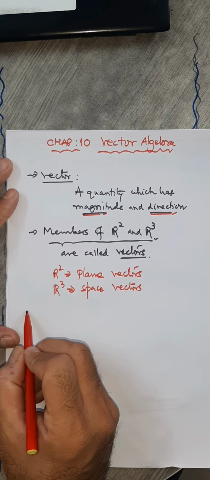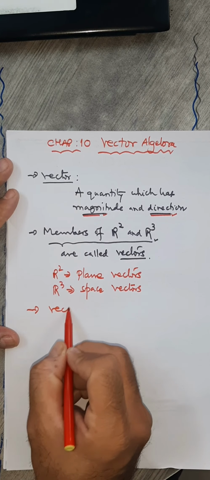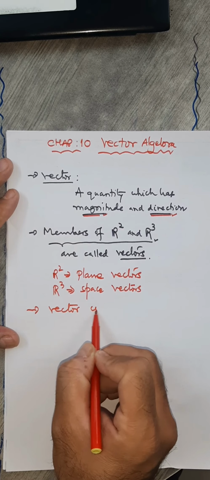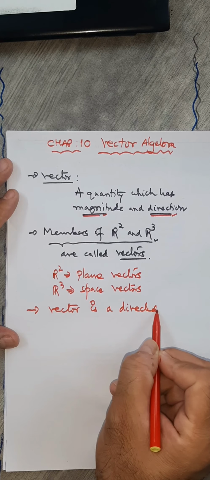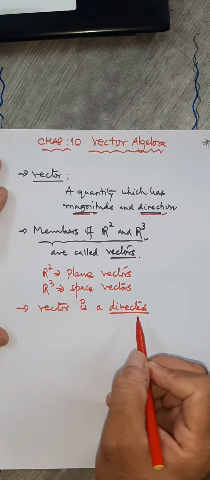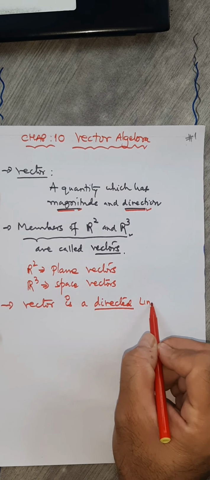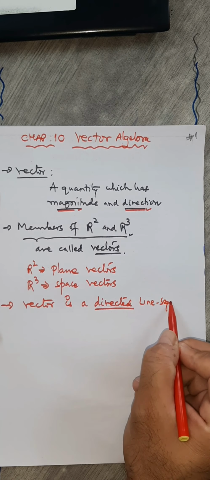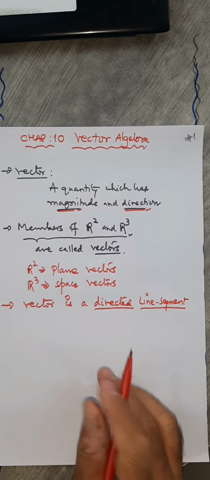Or another way of defining the same thing: a vector is a directed line segment. Remember, a directed line segment which has a direction.